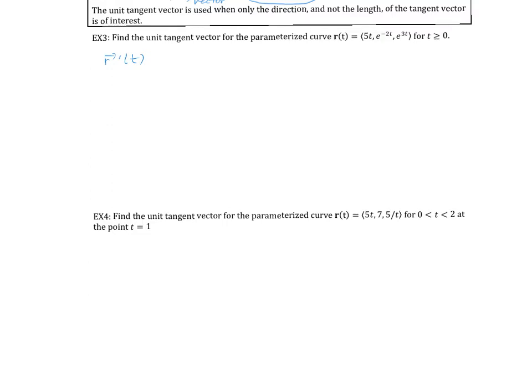So the derivative is going to be equal to 5. And in fact, why don't I just do it all at one time? So in the numerator, I'm going to have the vector 5, comma, -2 e to the -2t, comma, 3 e to the 3t.